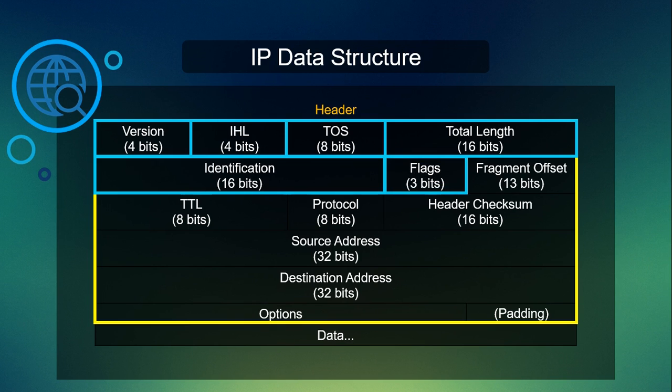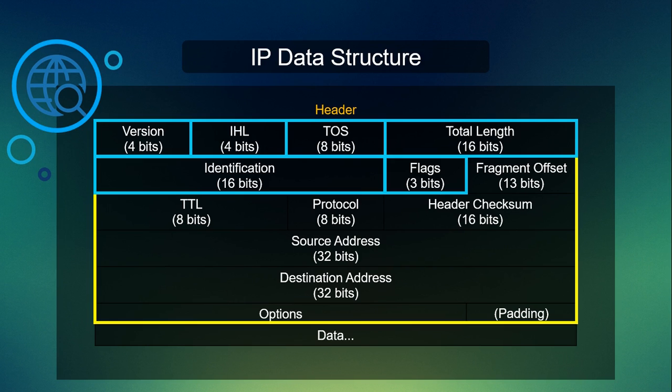Flags are used for fragmentation and reassembly. The first bit is called the more fragments bit and is used to indicate the last fragment of a packet so that the receiver knows that the packet can be reassembled. The second bit is the don't fragment bit, which suppresses fragmentation.